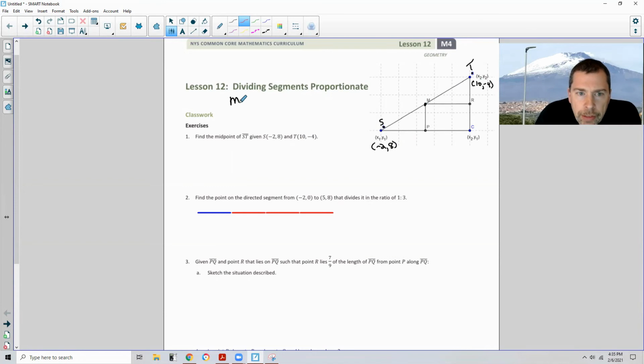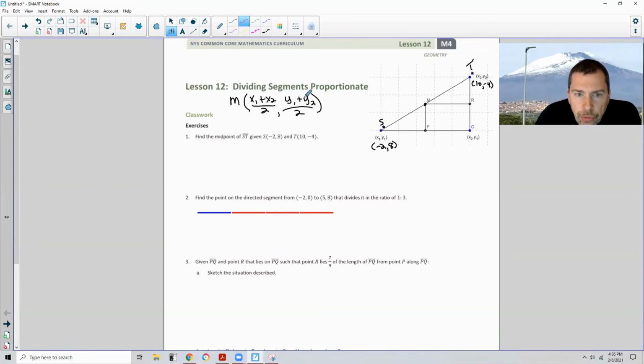The midpoint is the first X plus the second X divided by 2, comma, the first Y plus the other Y divided by 2.